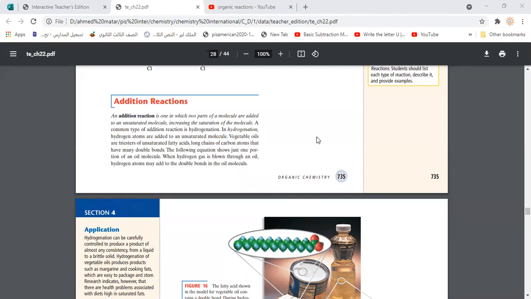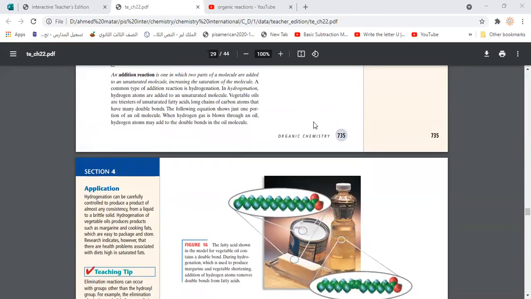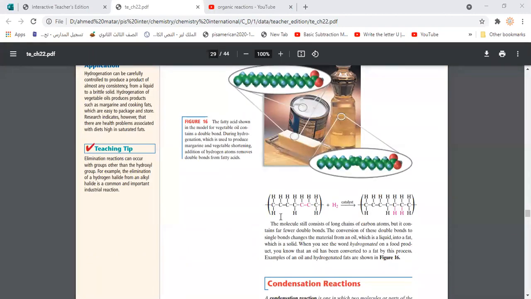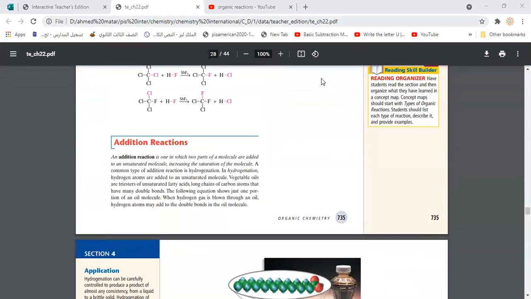So let's get an example here. Let's get a simple example. The simplest alkene ever is ethene, just two carbons. These carbons have a double covalent bond between them, and here there are four hydrogens, as we can see. So what would happen if I make this compound react with hydrogen?